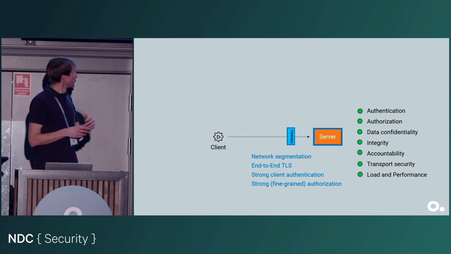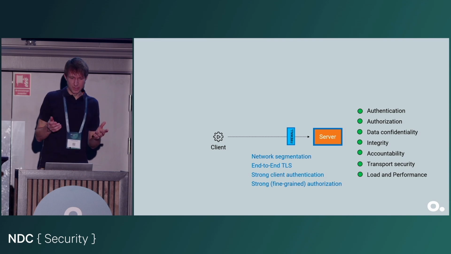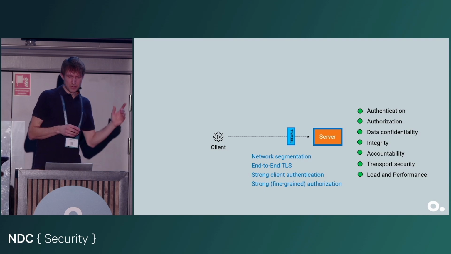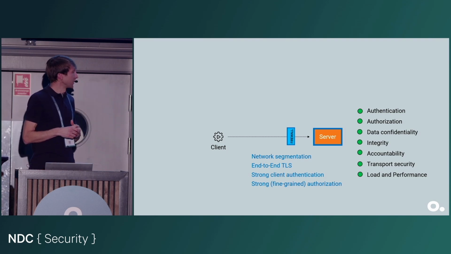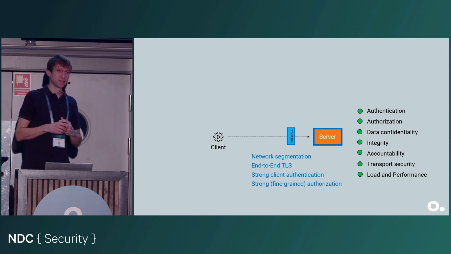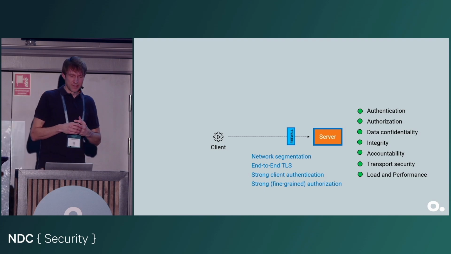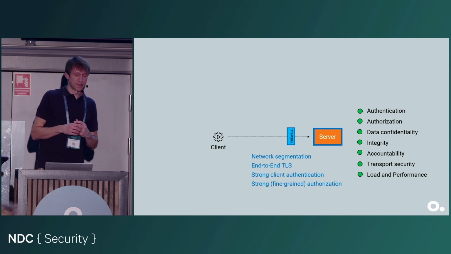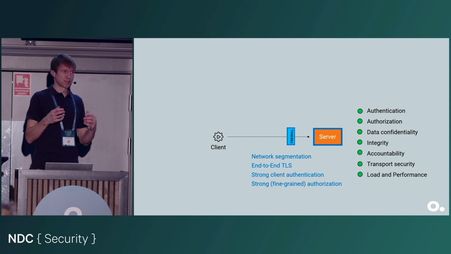I want to point out that we have talked a lot about confidentiality and integrity, but there is the last test category here, load test and performance. Availability is also an important aspect of security, and for some integrations that might be maybe the most important part, that the integration works and the service responds fast.